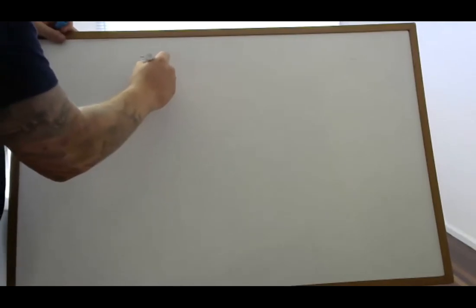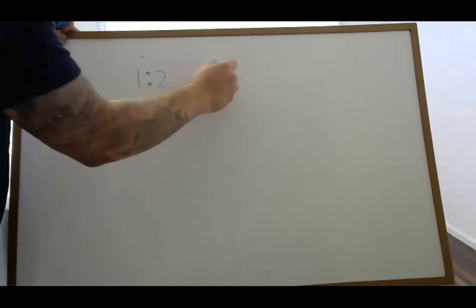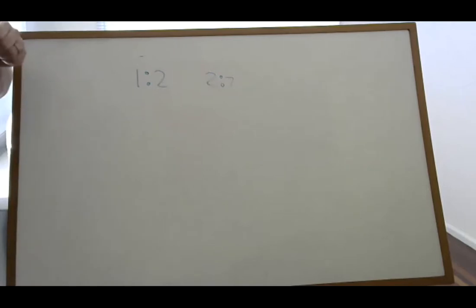We have 1 to 2 and 2 to 7. So 1 to 2 and 2 to 7, are they equivalent? No, they don't have any common factors.